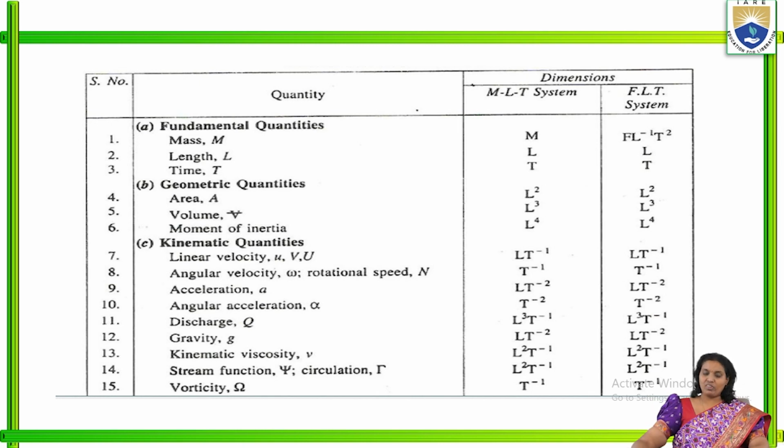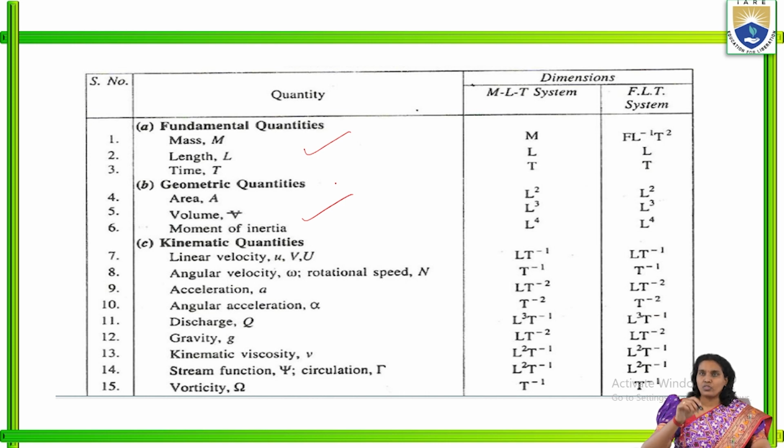Earlier, we understood what dimensional analysis is, which methods we use for dimensional analysis, what the fundamental quantities are, what the secondary or derived quantities are, and how we get the dimensions of these fundamental and derived quantities.